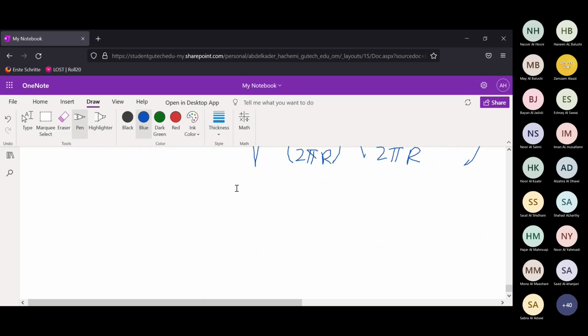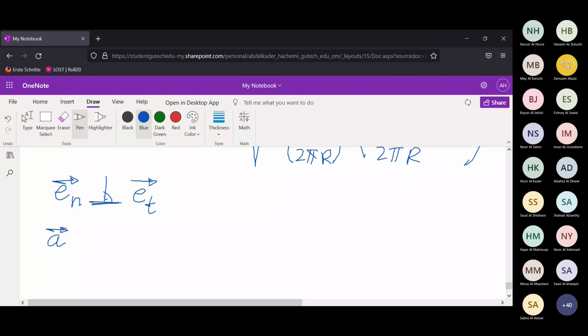Now, if we look at the normal vector, we know that e_n is always perpendicular to e_t. That means we start from the acceleration, and what we get here, if we have a, we know for the velocity there is only one component, which is the tangential one, because the velocity always follows the direction, it's always tangent to the path.